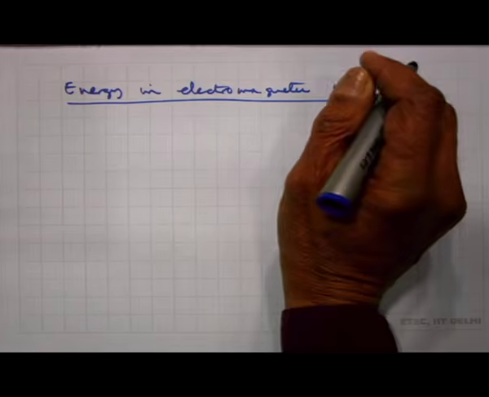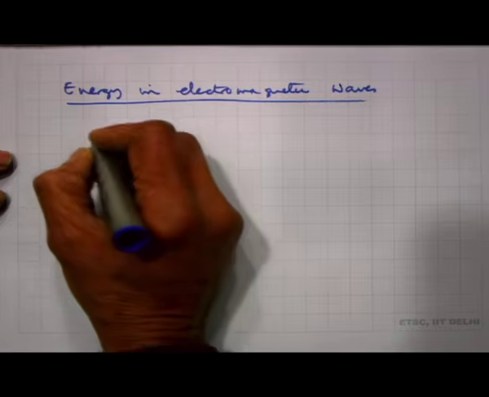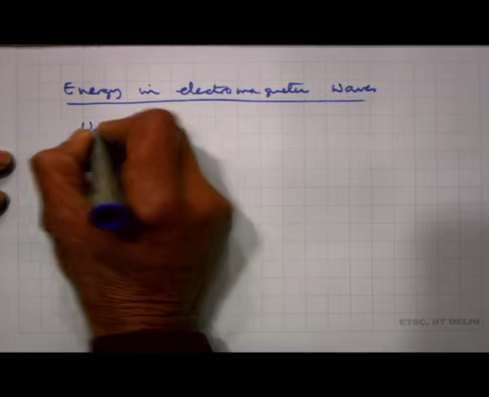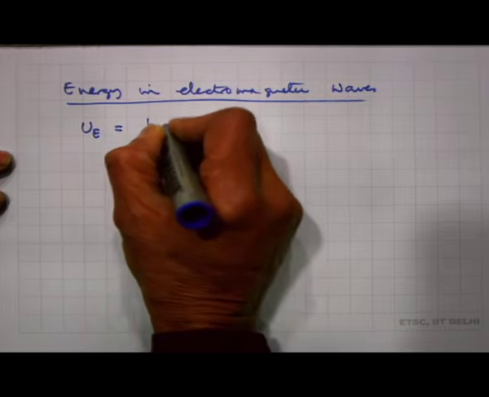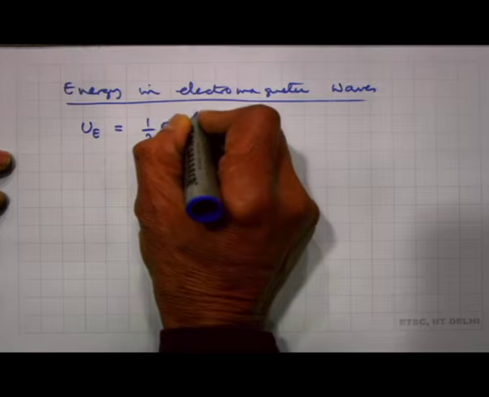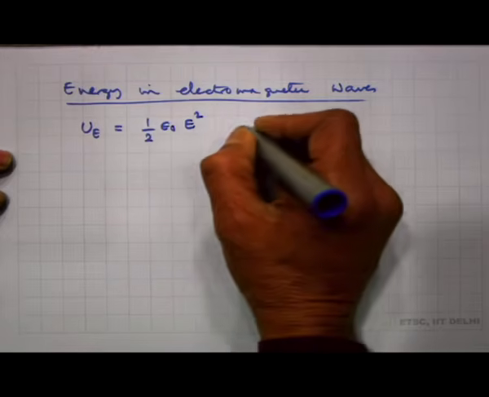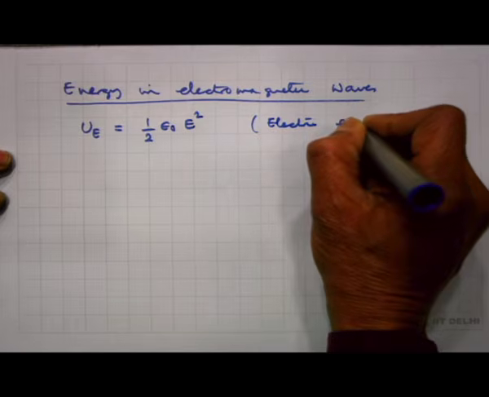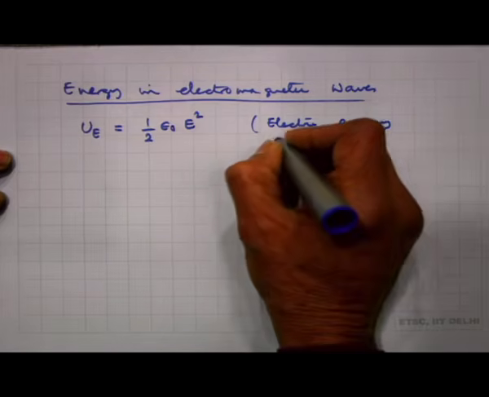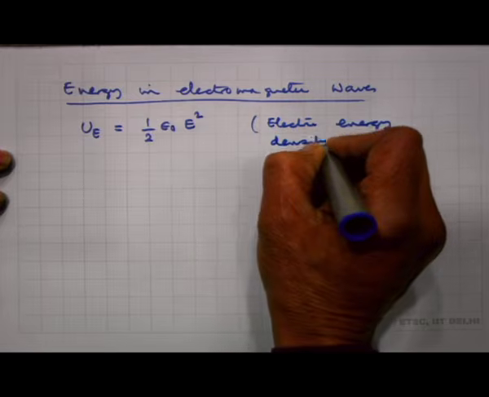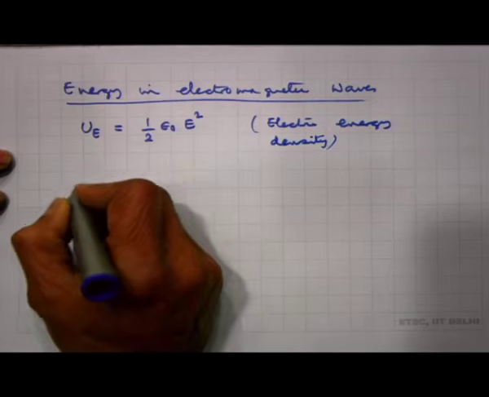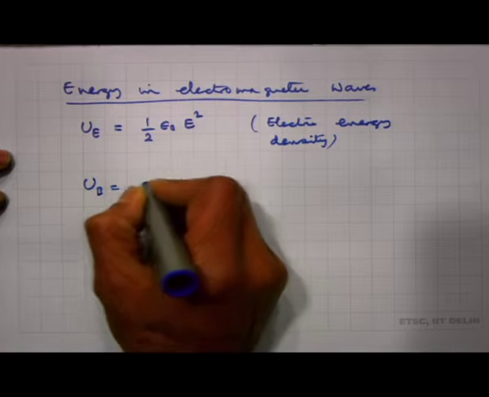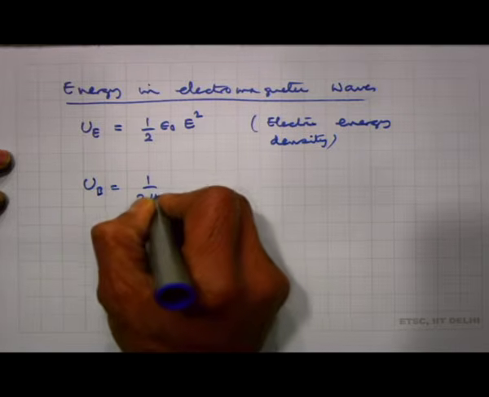So, I had shown before that the electrostatic energy density is half epsilon 0 E square, that is electric energy density, energy per unit volume. Similarly, the magnetic energy density is 1 by 2 mu 0 B square.